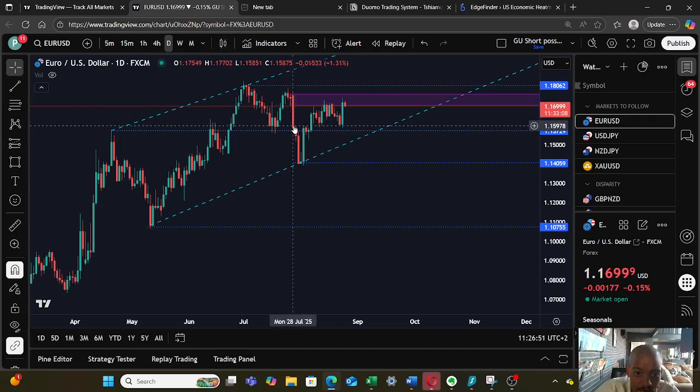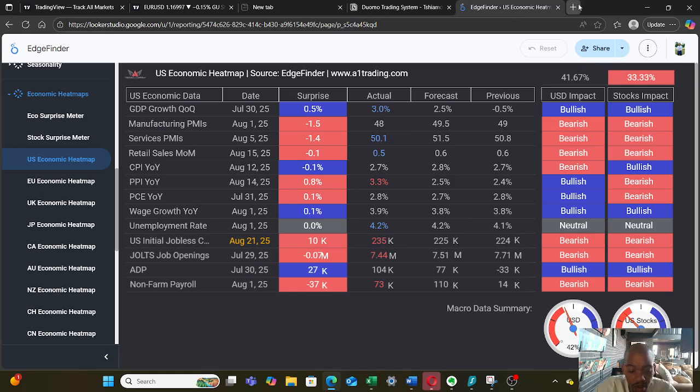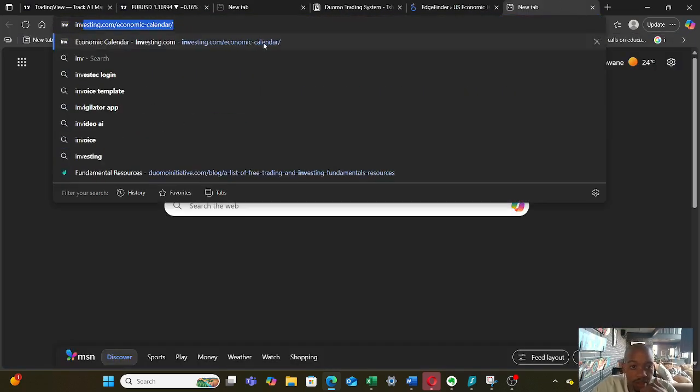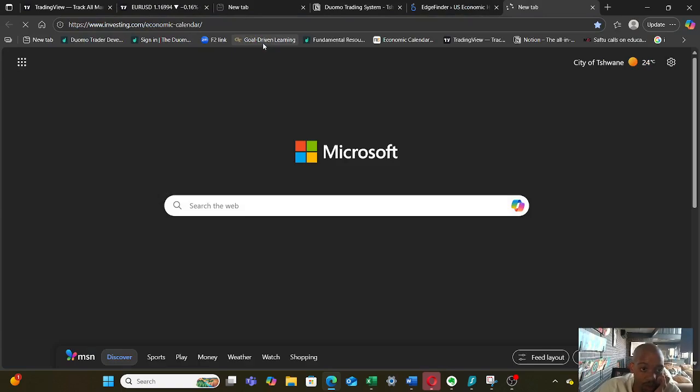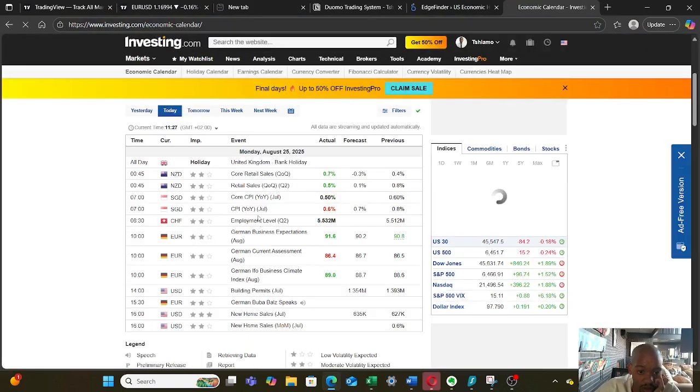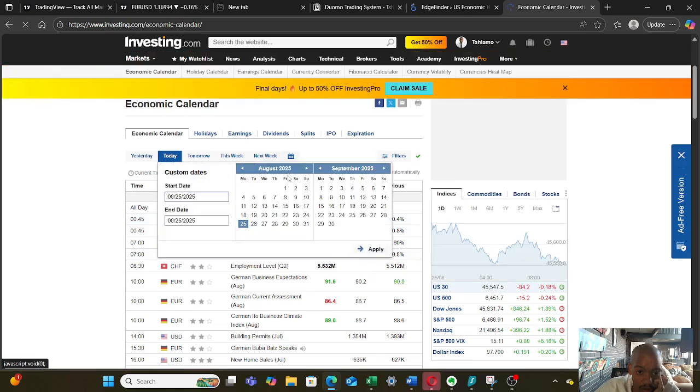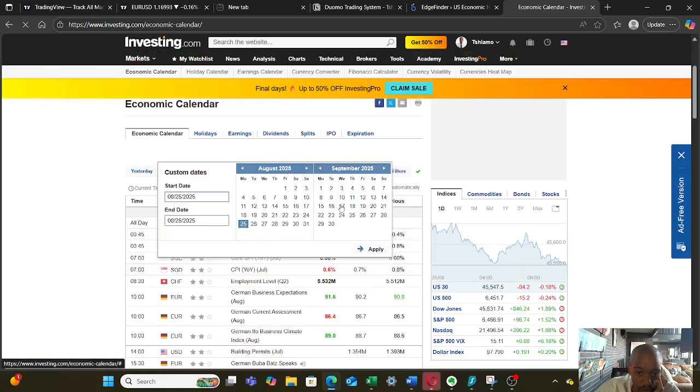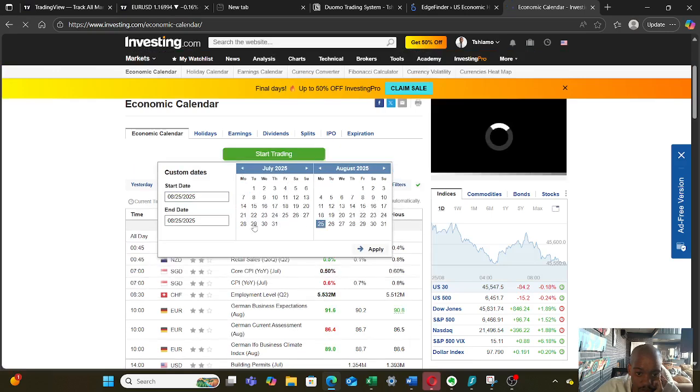This must have been some kind of. Let me just go to investing.com and see what news was released on the 28th of July. I'm going to go to the 28th.